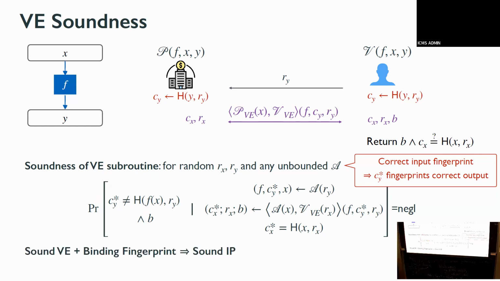Okay, and with this soundness notion, we can show that the soundness of this subroutine in purple here, plus the binding of the fingerprint, gives that the full-fledged protocol, where you add the first round and this last check, is a sound interactive proof.